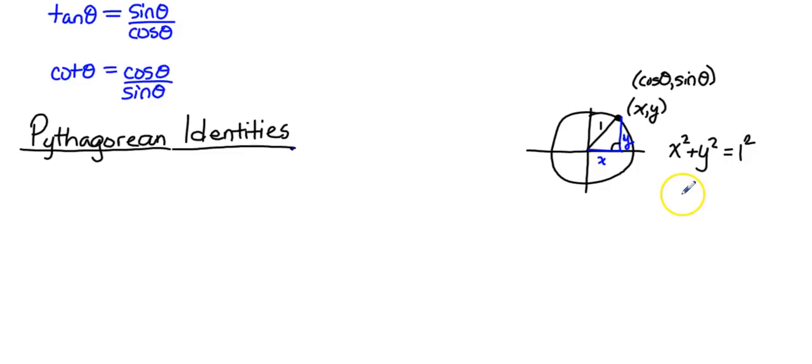But knowing I'm on the unit circle, x here is cosine of theta. So I can write cosine of theta squared plus y, but now y is sine of theta squared, equals 1 squared is 1.